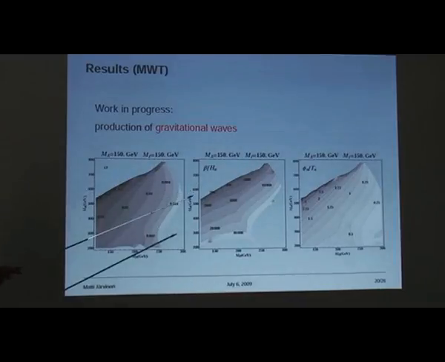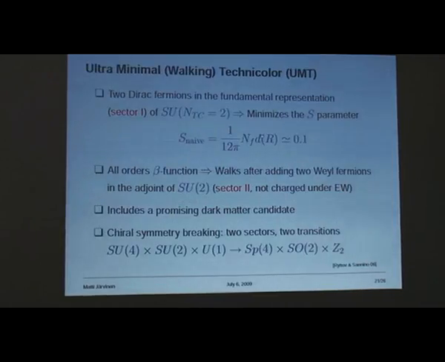I have no time to explain, but I've been calculating, and there is some very tiny region of parameter space where you can produce very strong gravitational waves, but this is really, really narrow. Then I also have slides for the ultra minimal technicolor, but maybe I don't want to use it.